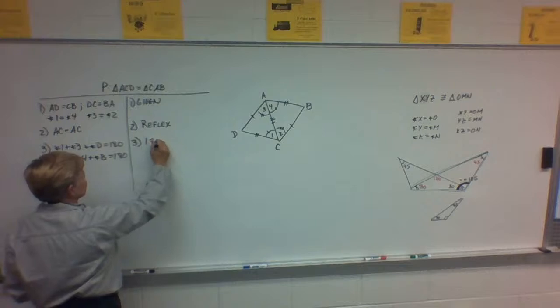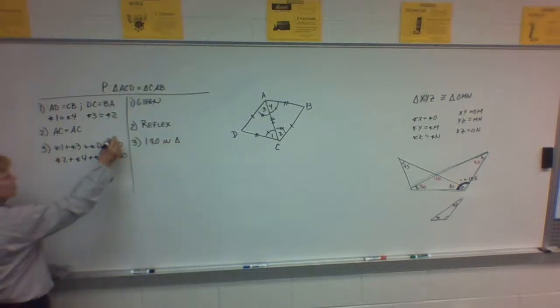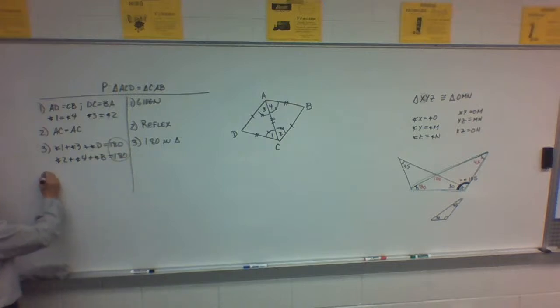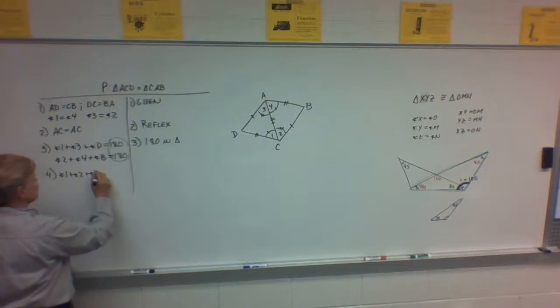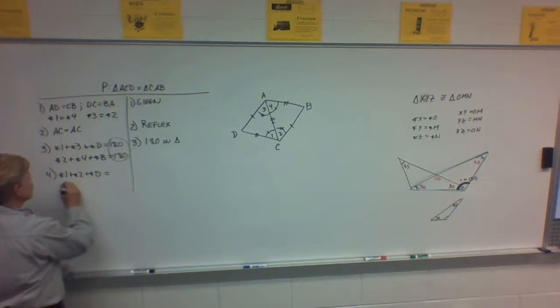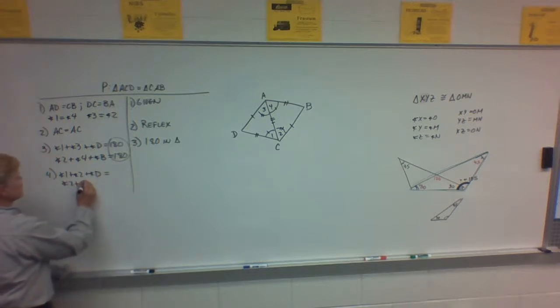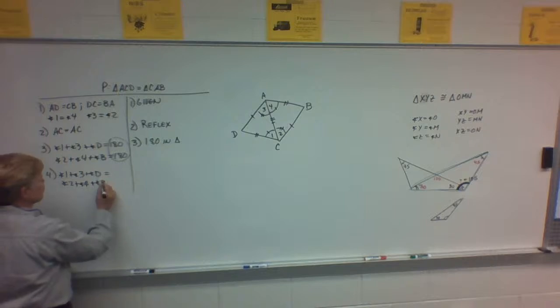This is 180 in a triangle. Both of them. Since I got my 2 180s there, which we've seen before, I know that angle 1 plus angle 3 plus angle D, I keep saying D and writing B, is equal to angle 2 plus angle 4 plus B. That's substitution.